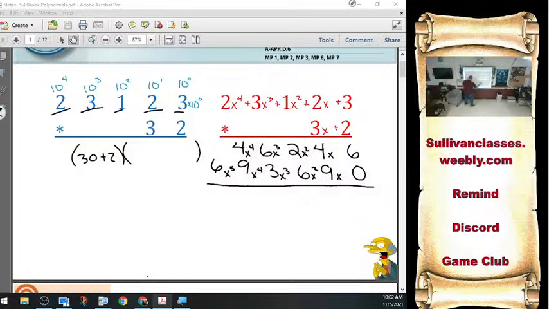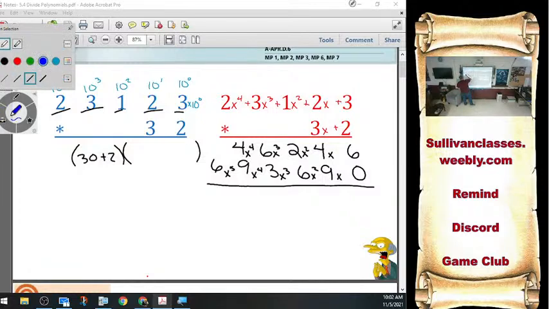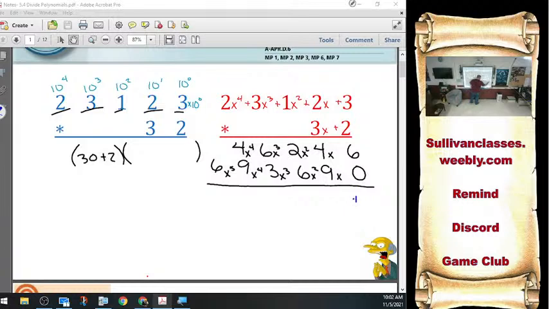Now, the difference is I don't know what x is, so I can't say 4x's plus 9x's. I can't say that's 3x's and an x squared because I don't know that x is worth that. So I just keep it as 13x. And then 8x squared, 9x cubed, 13x to the fourth, 6x to the fifth.